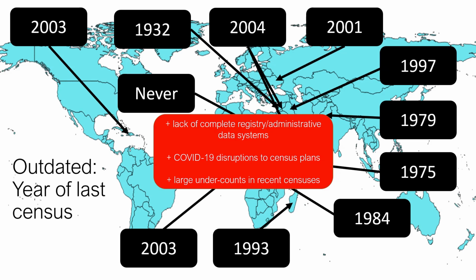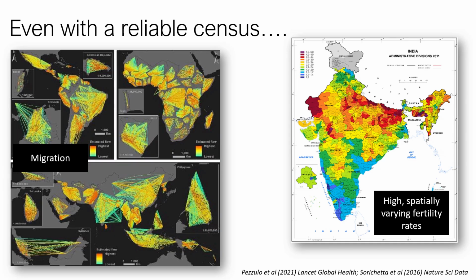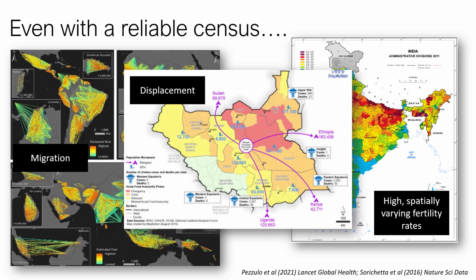Even if we do have a recent, reliable census, there are variations that happen at small scales, especially varying fertility rates, which make it difficult to predict changes in populations between censuses. There is obviously migration ongoing everywhere, and in some of the most conflict-affected settings there is a lot of displacement, all of which makes it difficult to keep up-to-date population estimates at small area scales.